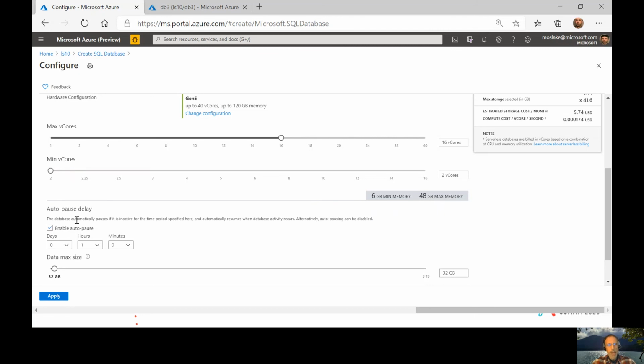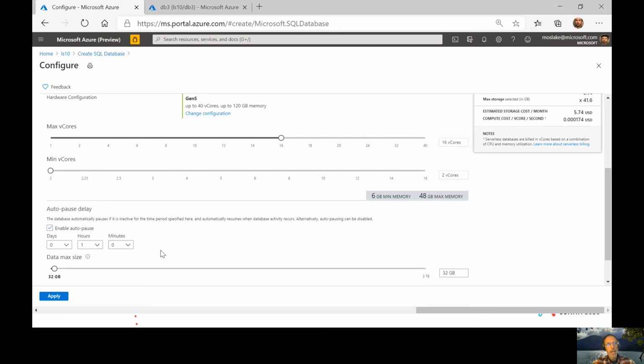I may want to, for example, increase the auto pause delay to avoid, let's say, pausing during the lunch hour of a work week, so that users of the database, when they come back from lunch, don't need to incur the performance penalty from the compute warming up after the database has been resumed, but still at the same time be able to benefit from pausing and resuming at night and on the weekends. So maybe I might make an adjustment from 1 hour to a little bit longer than that.